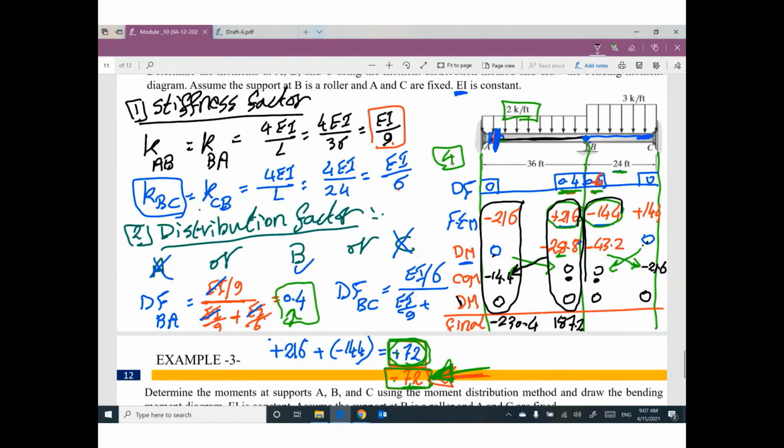Add these values together: negative 144, negative 43.2, negative 187.2. Wow, you are lucky, your answer is good. Negative 21.6, this value will be 122.4. Do you know how I can know my answer is correct? This value and this value at point B must be equal and different in sign. One will be positive and the other one will be negative. But the two values are equal.